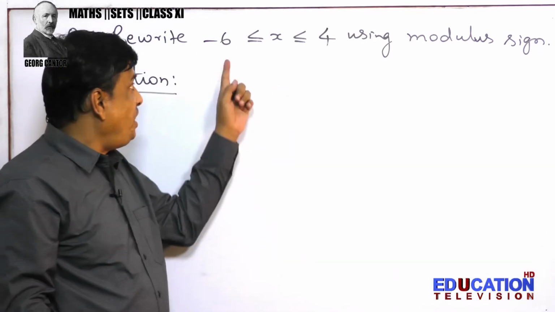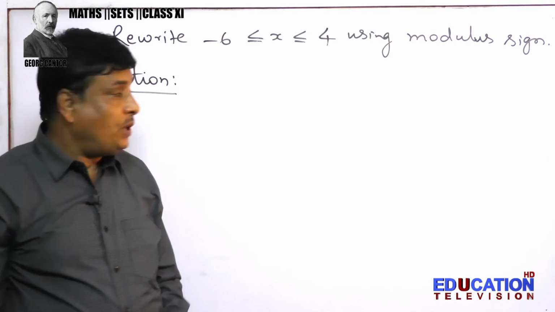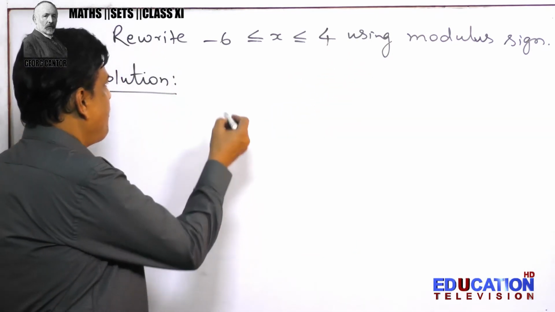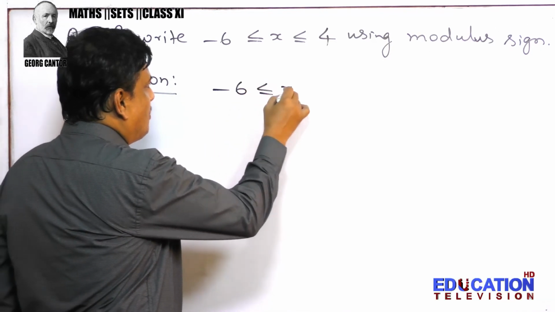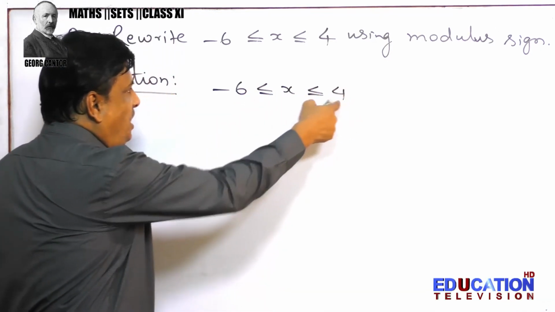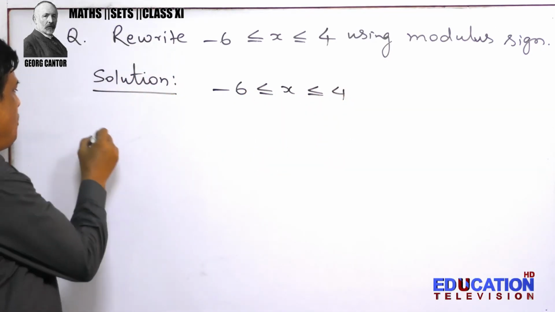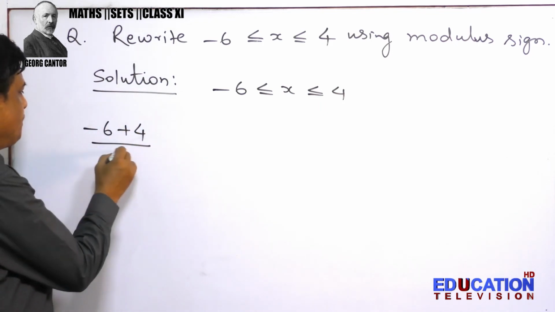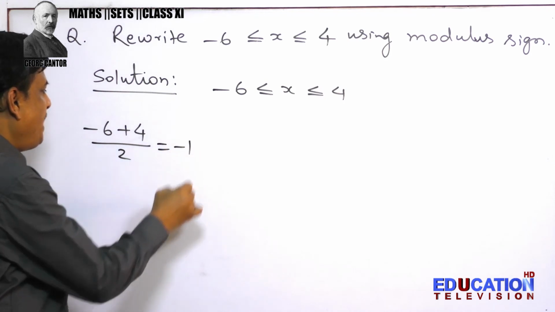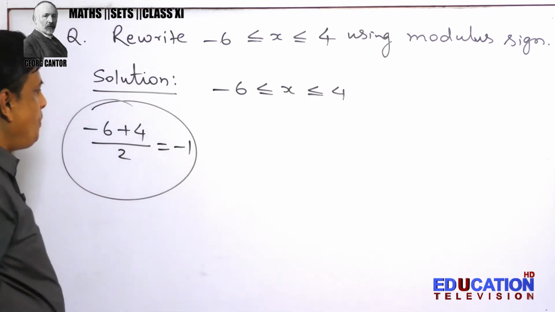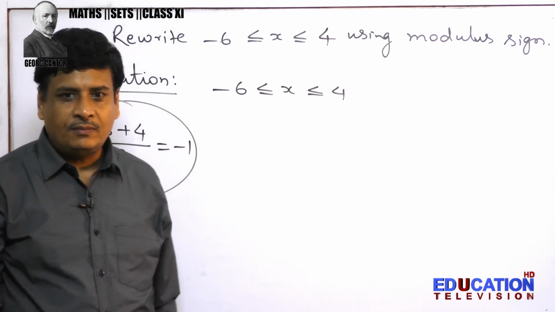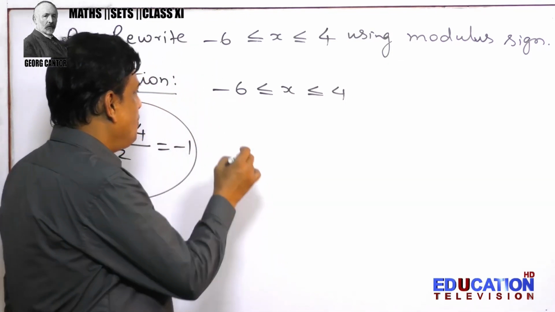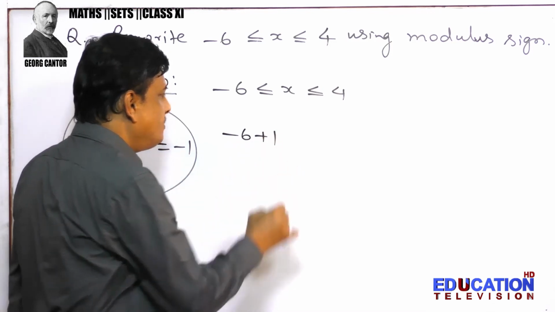The question is: rewrite minus 6 less or equal to x less or equal to 4 using modulus sign. The technique is to add these two numbers, minus 6 plus 4, and divide it by 2. It is equal to minus 1, subtract minus 1. Subtract minus 1 means add 1, minus of minus 1 is 1.